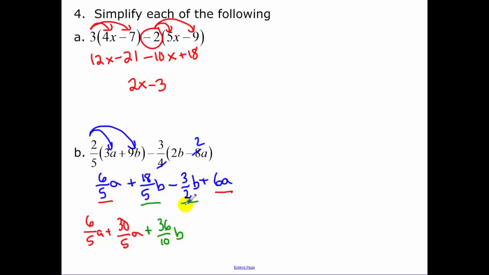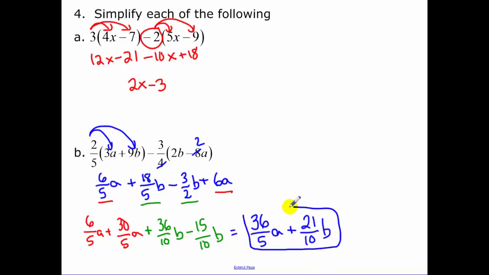I'm going to multiply the 3/2 by 5 over 5. Then it's just a matter of simplifying. We have 36 over 5a plus a 21 over 10b. And it's okay to leave it like that.